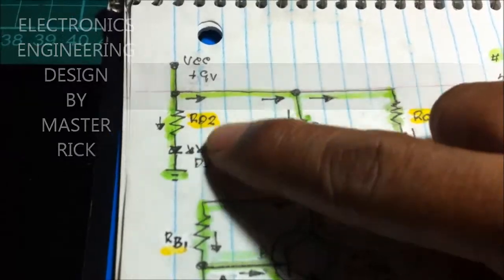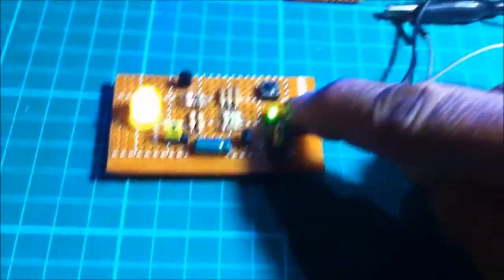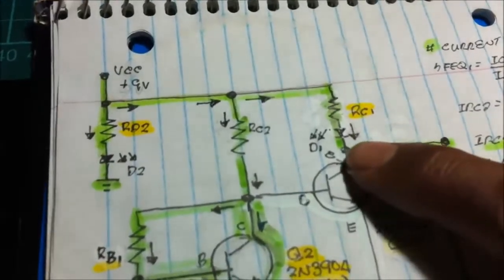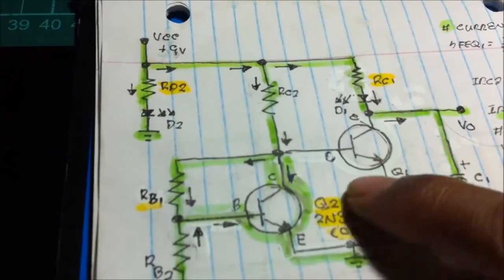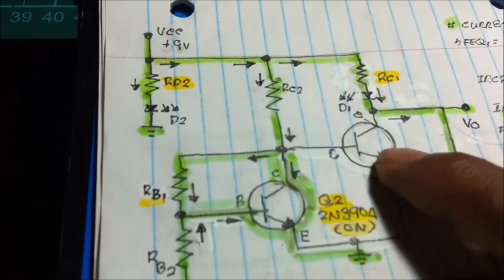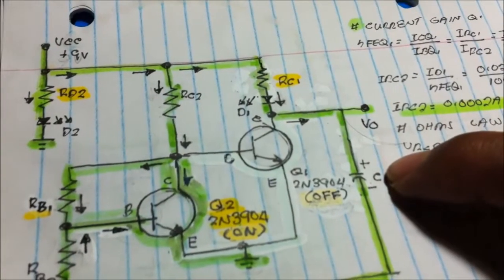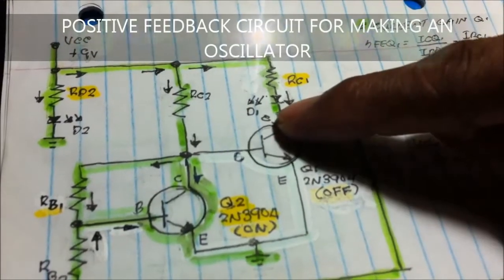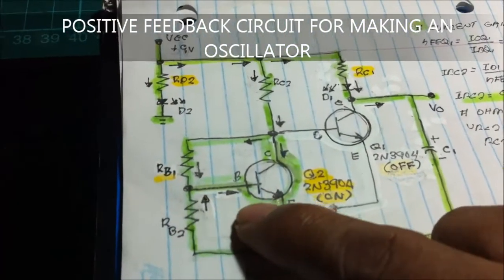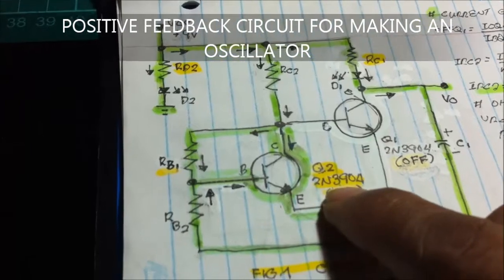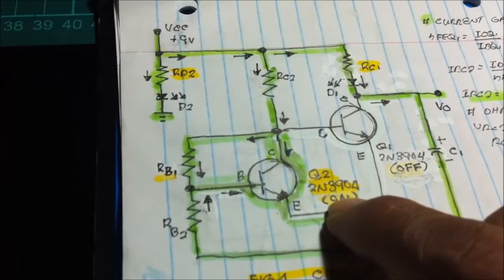We have the power on LED, the green one, and then we have this output LED, the yellow one. I have 2 NPN transistors, and 1 capacitor connecting the output feedback circuit to the input of the second transistor, a 2N3904.